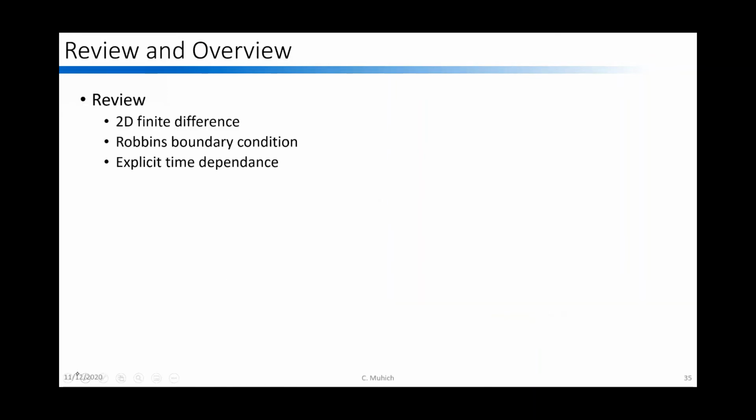Okay, so let's review. We talked about finite differences, we covered what a Robbins boundary condition is, and then we talked about explicit time-dependent problems. Even though they're called time-dependent problems, what they're really talking about is a first derivative, an initial value first derivative problem.